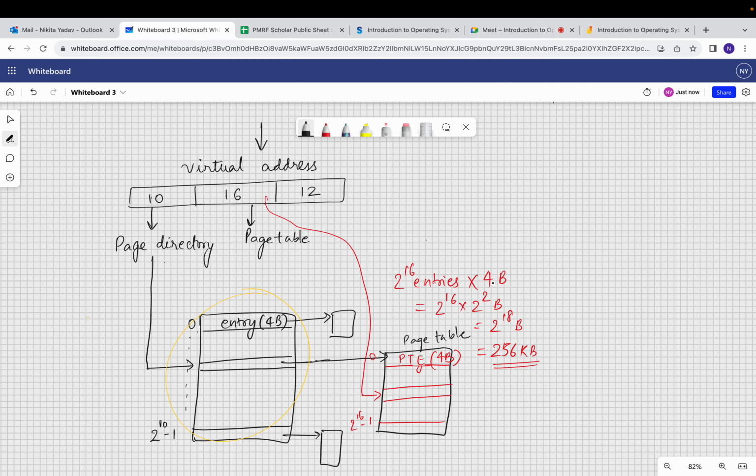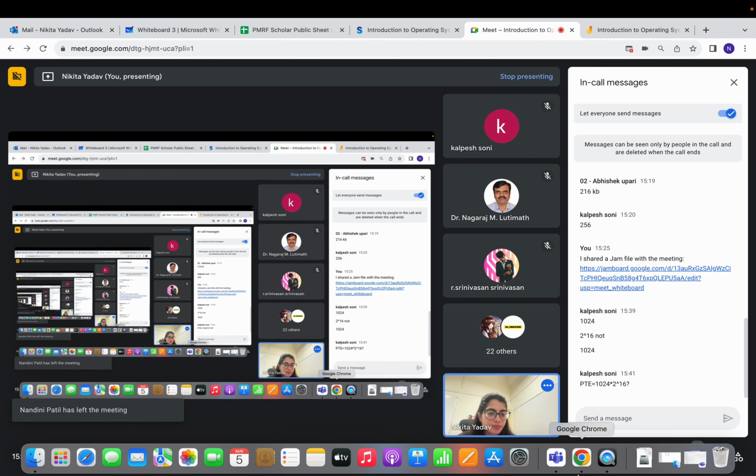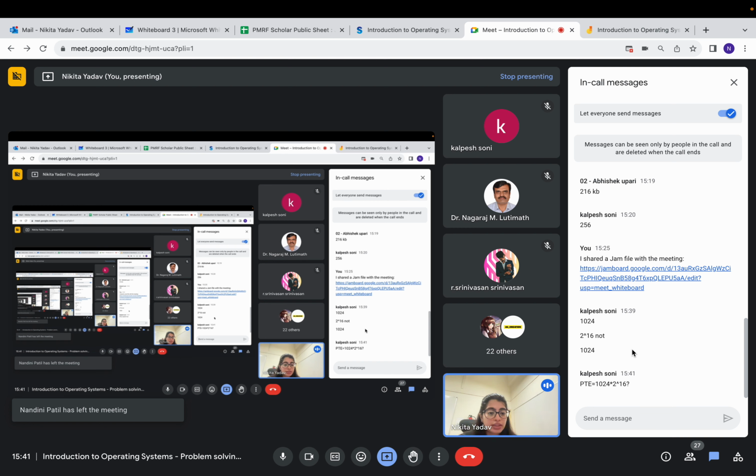Is that clear? Any doubts? Page table entry is 4 bytes. If you're writing page table entry, is that the number of page table entries you are asking?